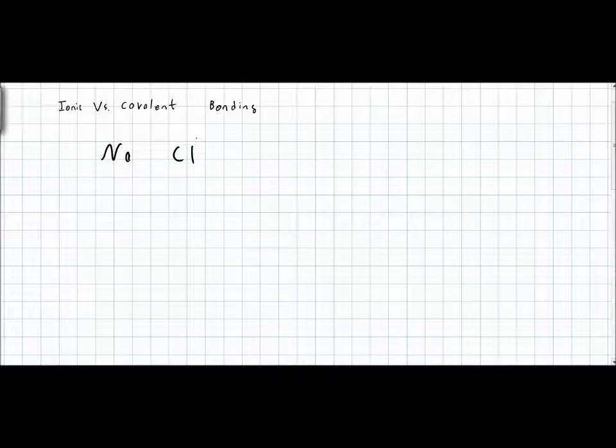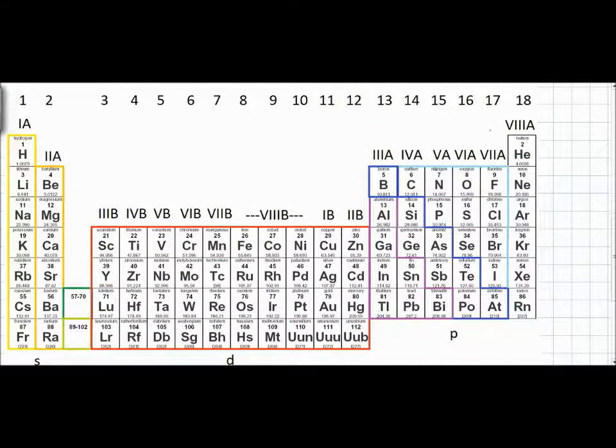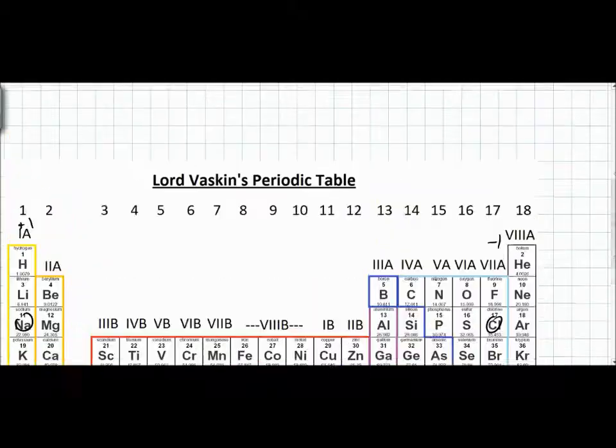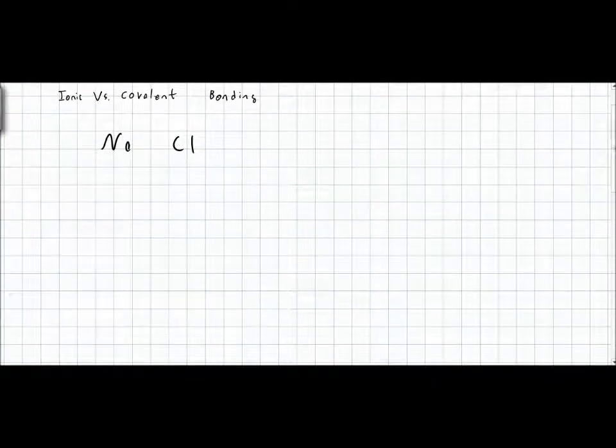Cl wants to have a -1 charge because of where they're located on the periodic table. So we have the 1- over here, and we have the +1 over here. And sodium is here, chlorine is here. Beautiful, easy to understand.